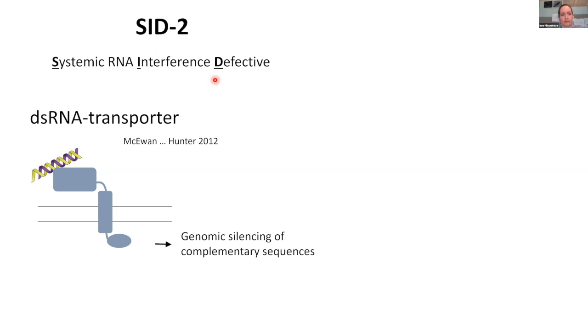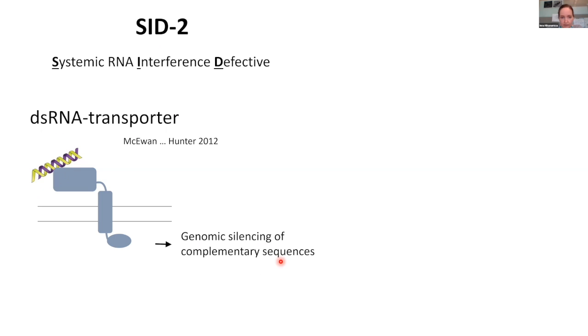And this is actually a double-stranded RNA transporter that is expressed in the worm intestine. So if worms eat double-stranded RNA, that will be bound by SID2 and internalized into the intestine, and actually leads to genomic silencing of complementary sequences in the whole body.